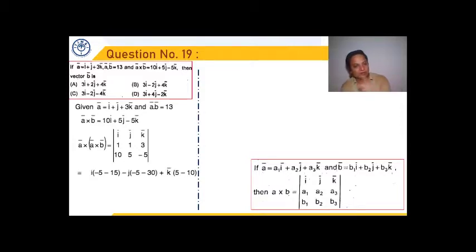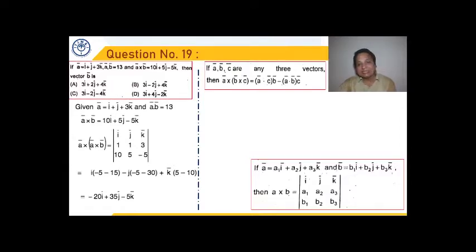We are expanding along the first row. Minus j into minus 5 minus 30 plus k into 5 minus 10. So this comes out to be i into minus 20 plus 35j minus 5k. So we have the value as minus 20i plus 35j minus 5k.